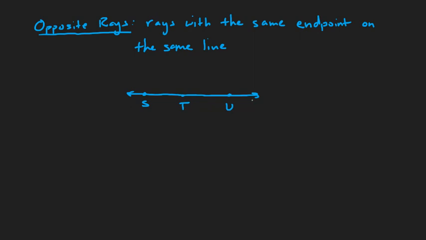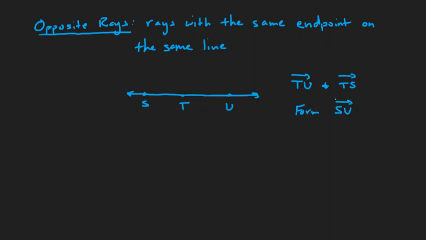Again, pretend like this is straight across. I know it's not supposed to angle up or down. So ray TU and ray TS. Again, notice I use T both times because T is that same endpoint. So these two rays form line SU.